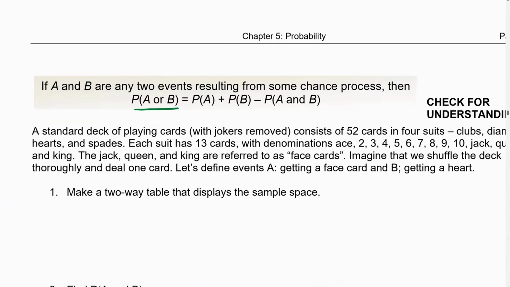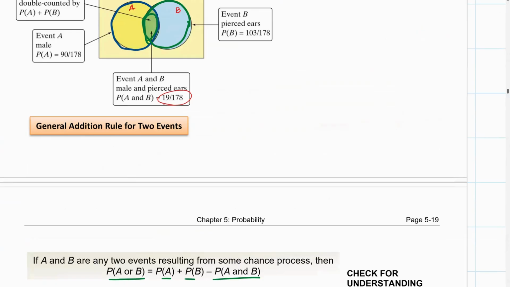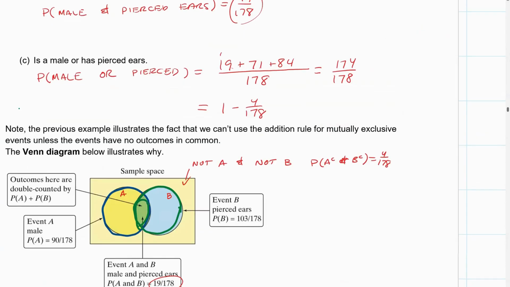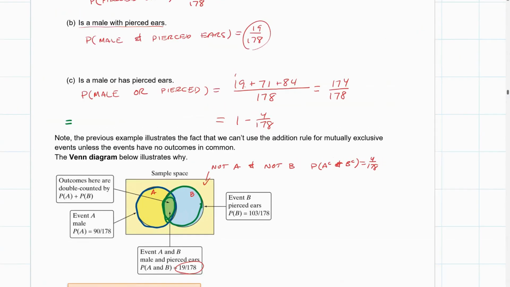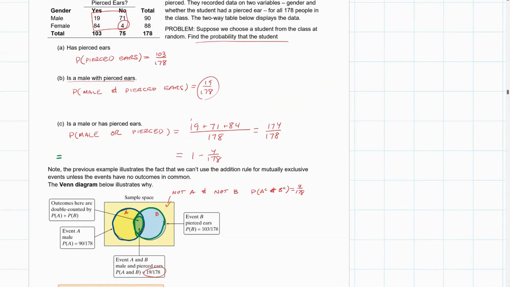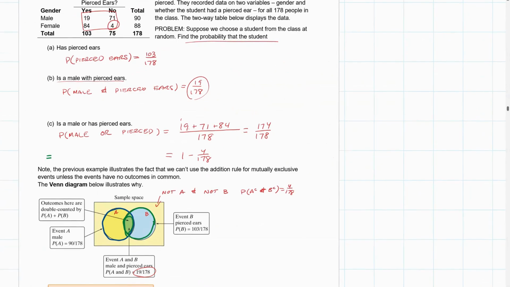the probability of A or B is the probability of A plus the probability of B minus the probability of A and B. If we go back to that previous example, we could have said that this is the probability of being male, which is 90 out of 178.